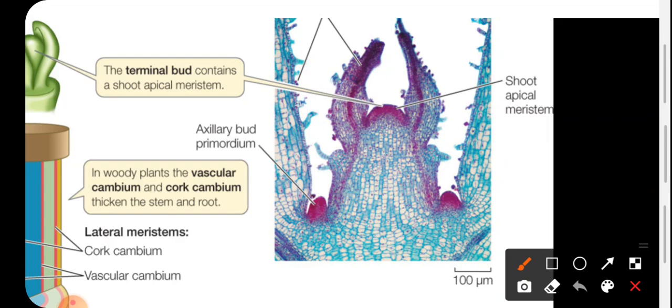The corpus, on the other hand, divides more randomly, in both anticlinal and periclinal divisions, thereby giving rise to the bulk of the internal tissues of the stem and leaves.